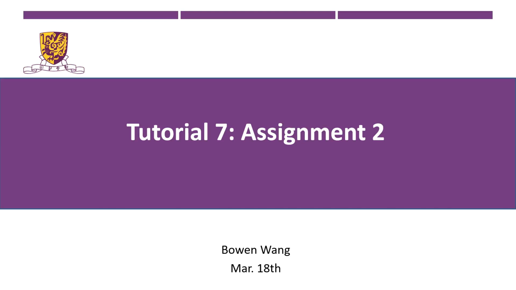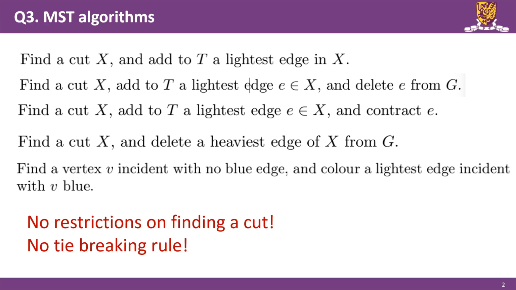So now let's begin. Question 3 is a minimal spanning tree finding problem, and it gives 5 different rules of finding a minimal spanning tree, and asks you to judge which one can lead to a correct answer. Here are two crucial parts that need to be noticed about this problem.